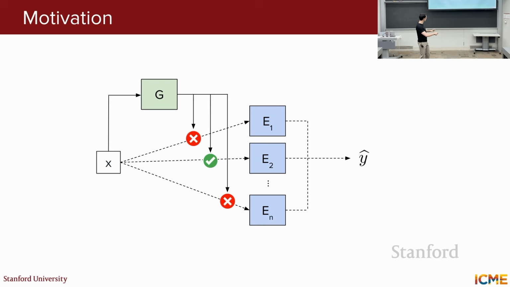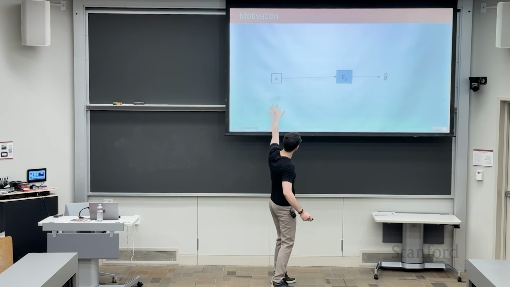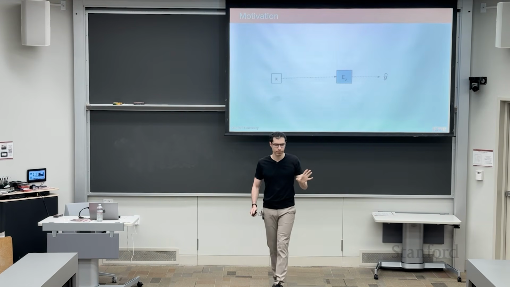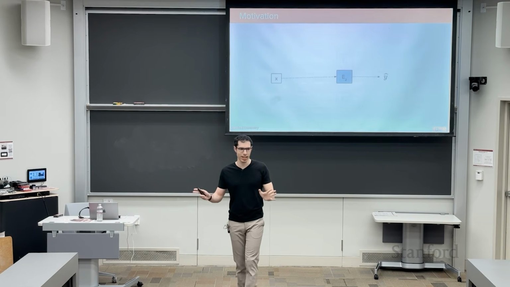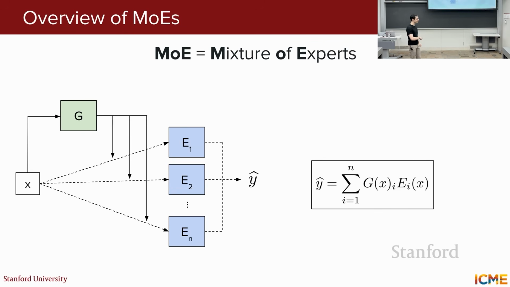So let's suppose here the gate tells us, okay, actually expert number 2 is well suited to answer your question. So here the idea is that the input is just going to flow into that expert, but not the other experts. So this has a name. It's called mixture of experts. It's denoted MoE.